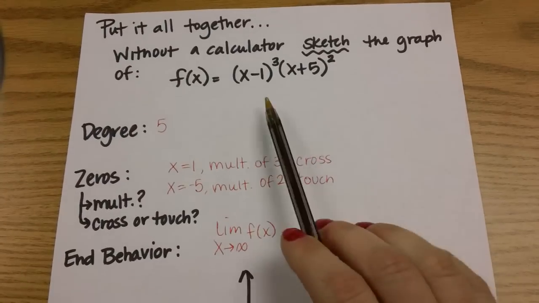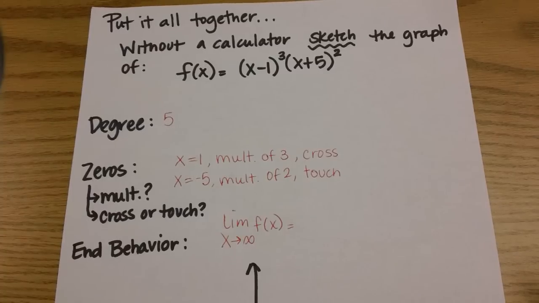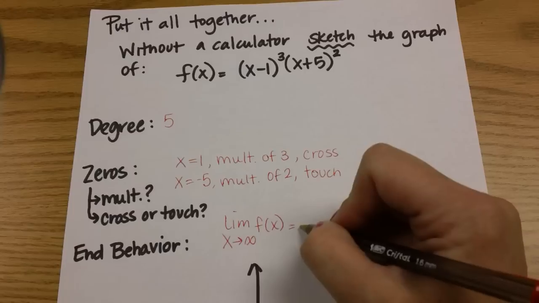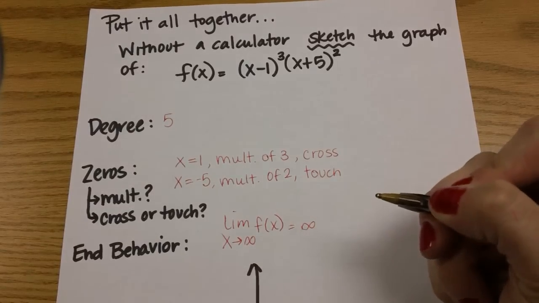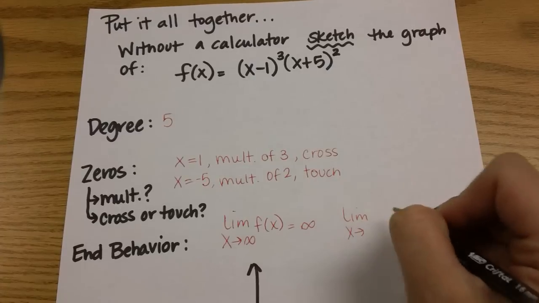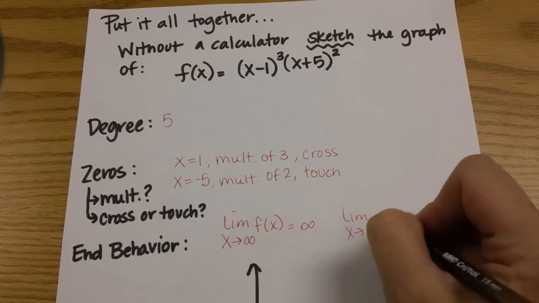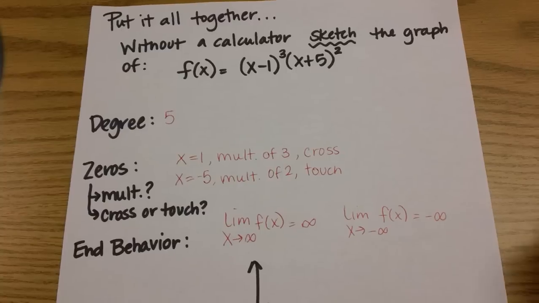If we multiply this all out, our leading term is going to be x to the 5th. The coefficient of x to the 5th is 1, which is a positive number, meaning that as we approach infinity, we go towards infinity. So the opposite, the limit as x approaches negative infinity of f of x, is going to equal negative infinity.